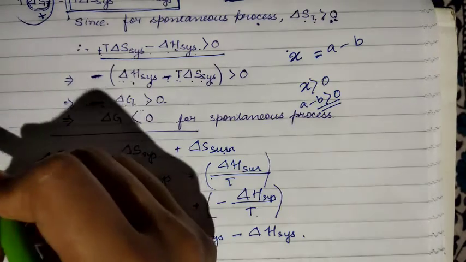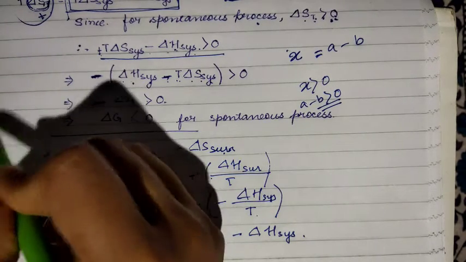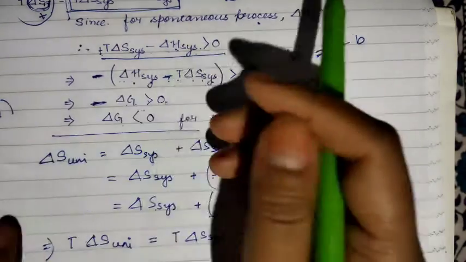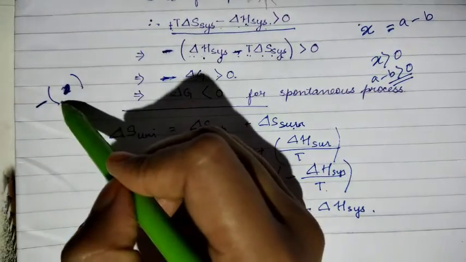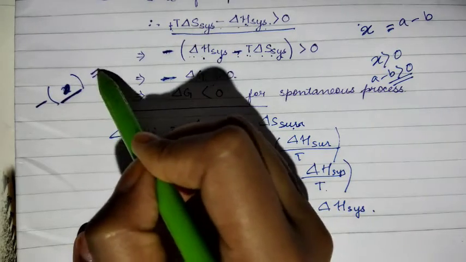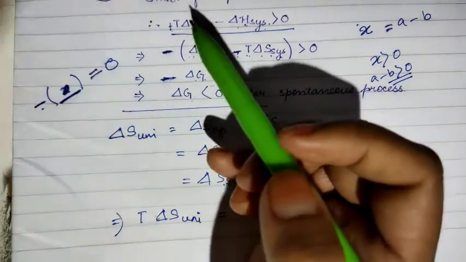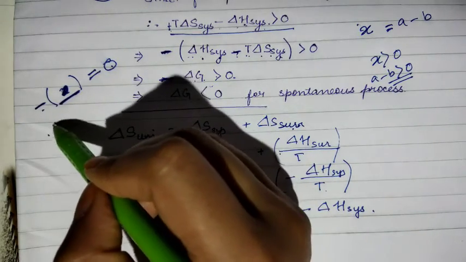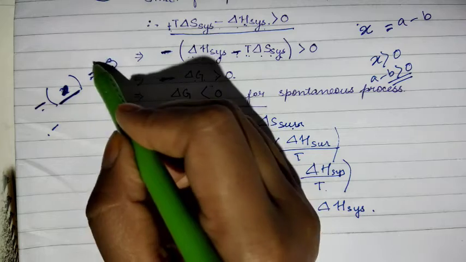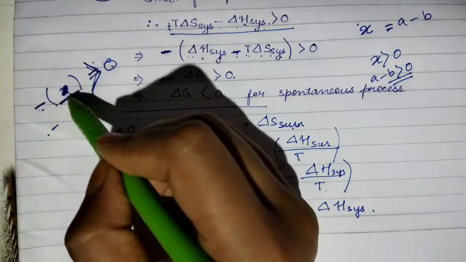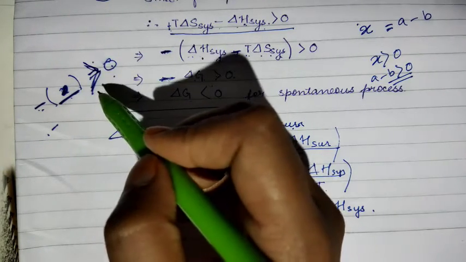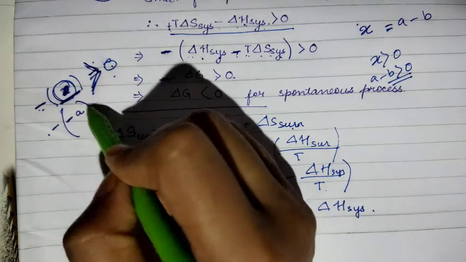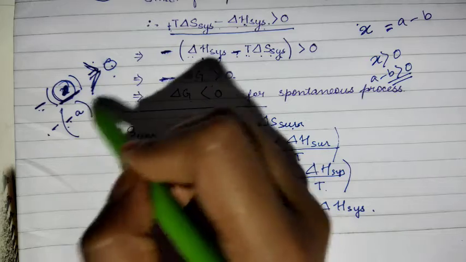Let us take this. If a negative quantity is greater than 0, is it possible? No. So whatever quantity is here has to be negative, then only negative, negative, positive.